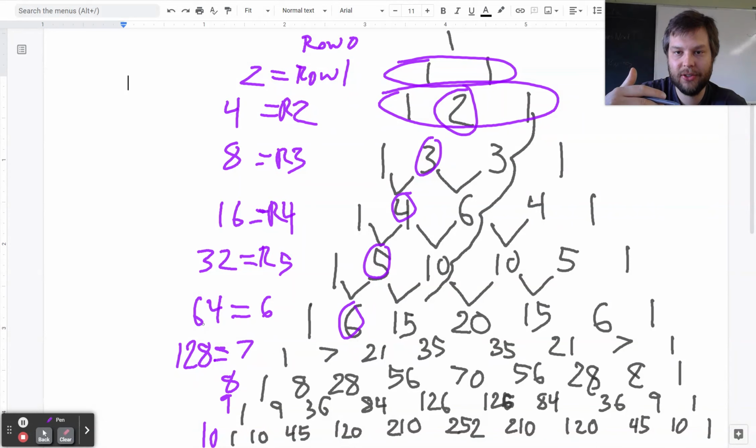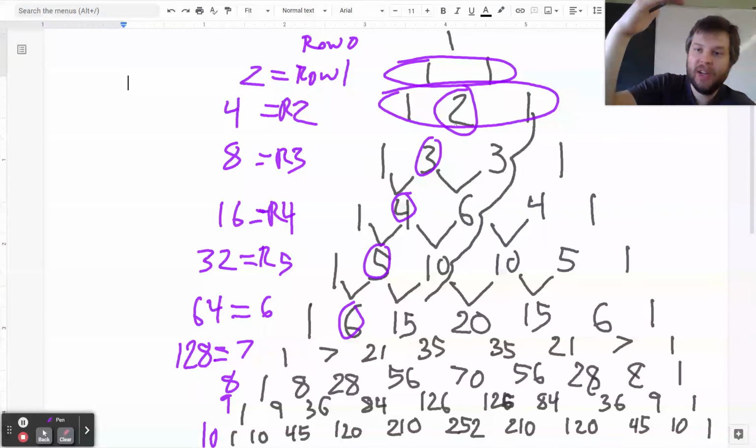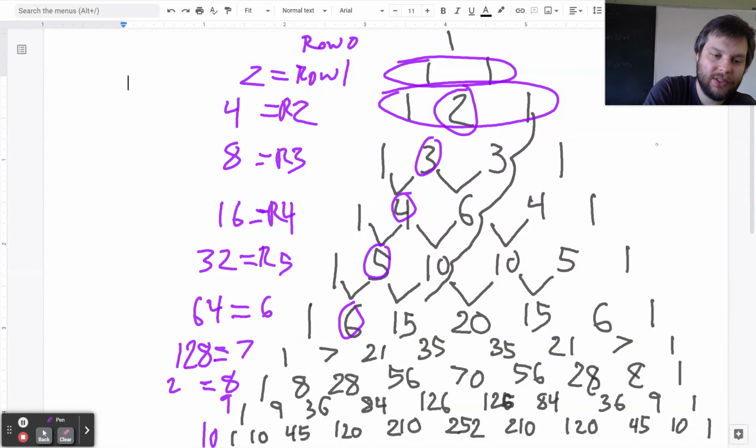That's how you create the next row, is you take the values from before and you add them together to make the next row. And so if you had 4 in the previous row, you're going to add 4 together to get 8 in the next row right there. And so similarly, I can move on and get 256, get 512, get 1024.